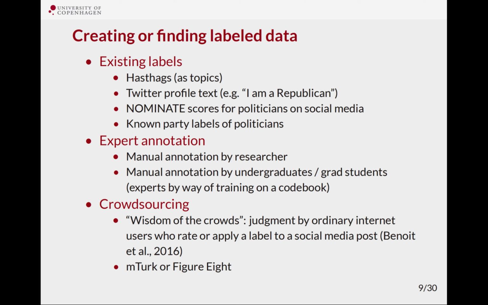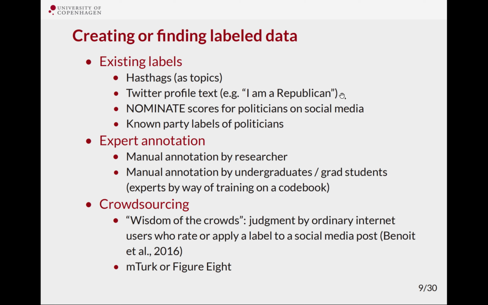So not all tweets will include a hashtag related to immigration, but you could find the subset of tweets in your data that do have a topic or a hashtag that is related to immigration. Tag those as your labeled set. Find tweets on other topics that are clearly not about immigration. And then you will have a small subset of data which you can turn into a supervised learning problem.